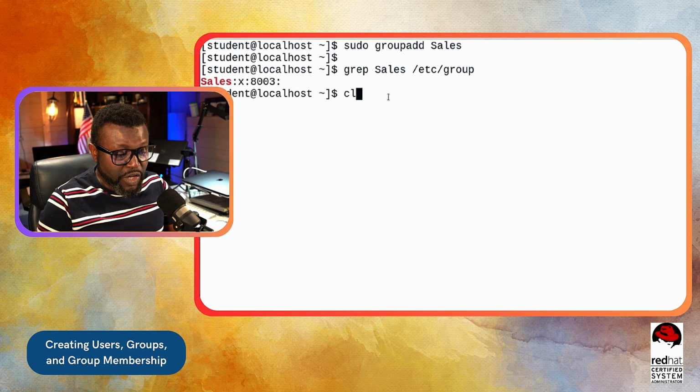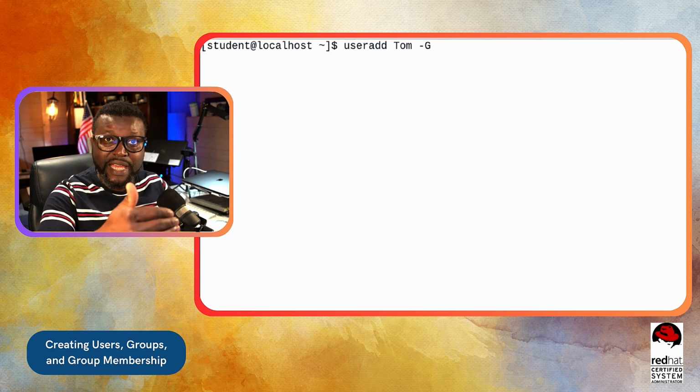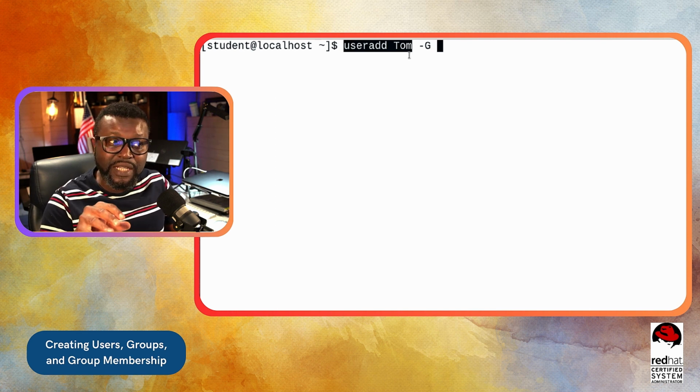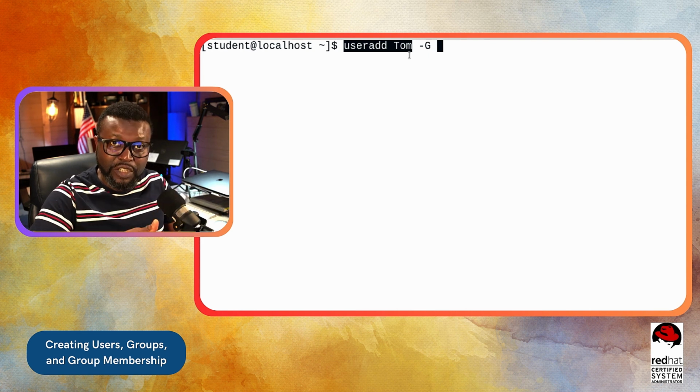What we need to do now is create the 2 users. The first one will be Tom, and we're going to assign Tom to sales as a second group. Every time you create a new user, by default the system will assign a group by the name of the login name of the user.